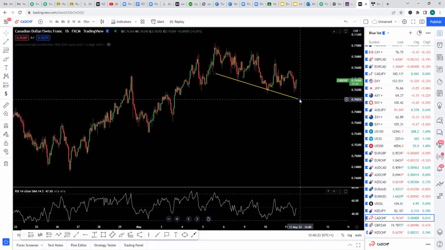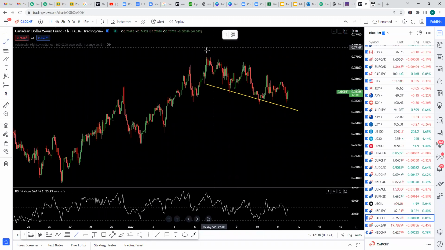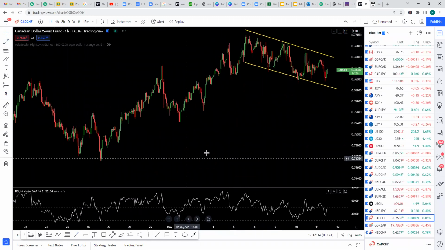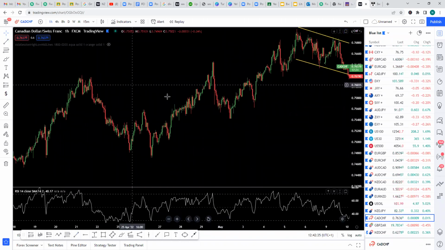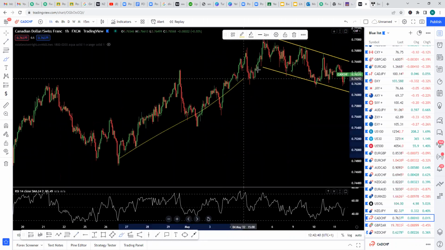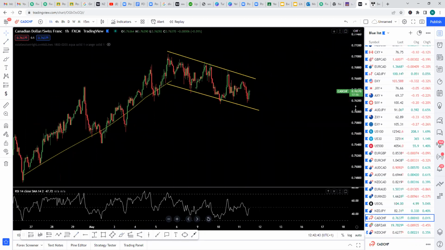Okay, this time frame. So look at it, very clean and clear. This is a flag, and this flag is bigger. Since this market started moving from here, we have not had a cleaner flag apart from this.